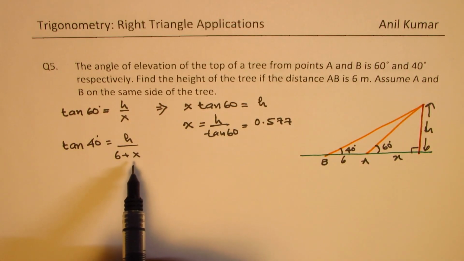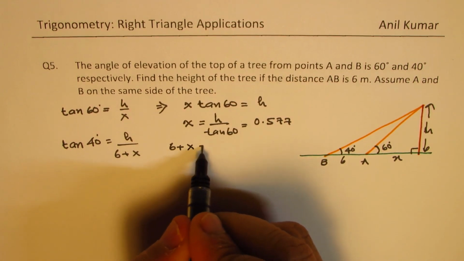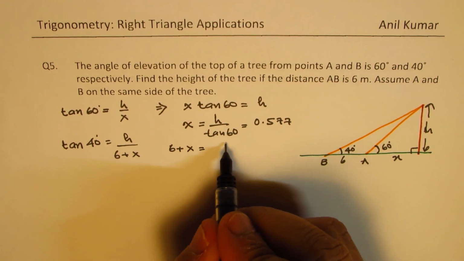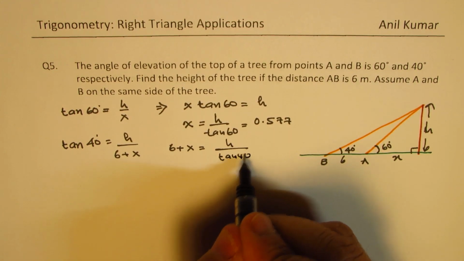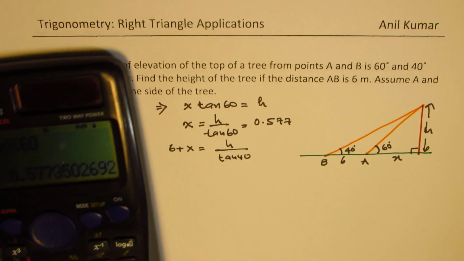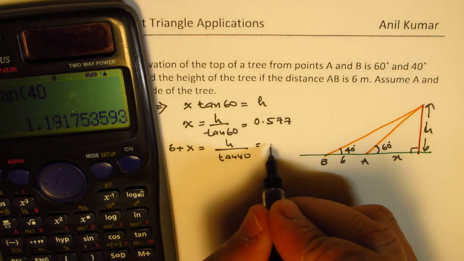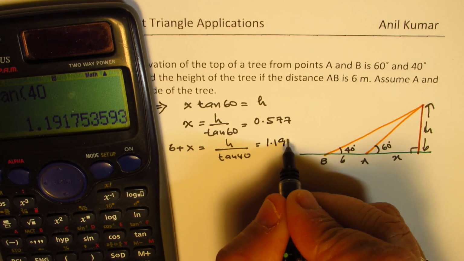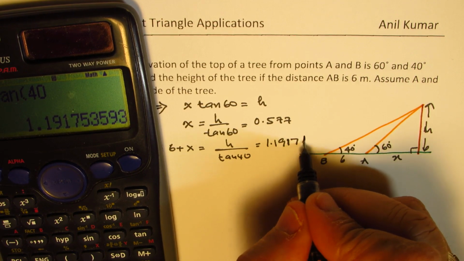And in this case, we get 6 plus x equals h over tan of 40. So that is 1 divided by tan 40, which is 1.1917 h.